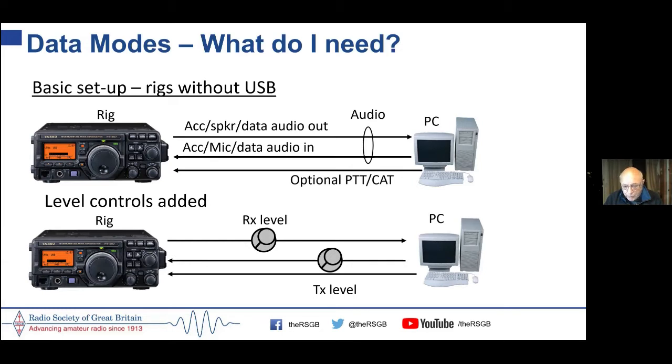It's often more important for the drive level on the rig, because they often require different audio drive levels on different bands to give the same power. So that's what you need if you've got an older rig that doesn't have a USB port. It can be as simple as the top two lines on there, just an audio in and an audio out, and you can get onto data modes.